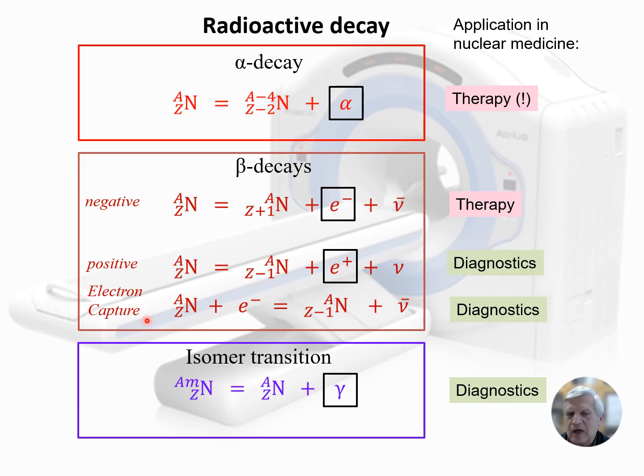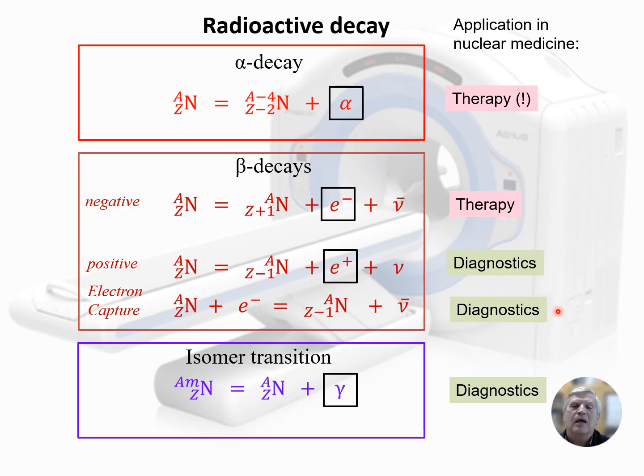When you have electron capture, just look at this. The starting nucleus and the resultant nucleus is the same here and here. So it is actually very interesting. And here you have no particles emitted which can be detected. As I said, the antineutrino is extremely difficult to detect, so it is actually useless for us. Then how can you use it for diagnostics?